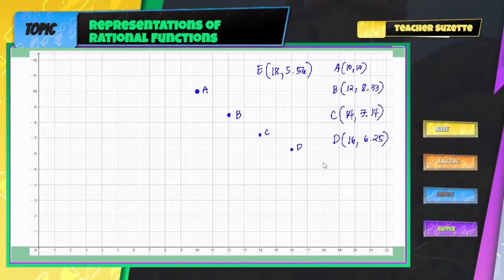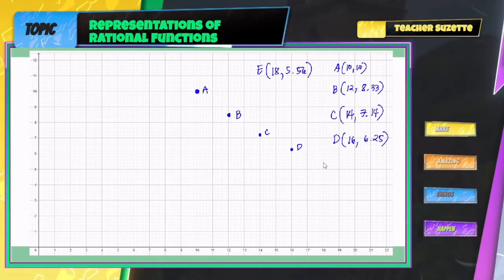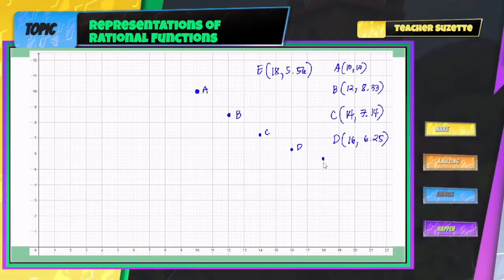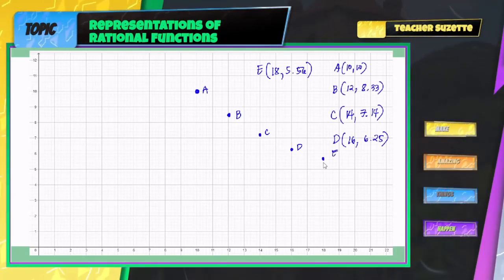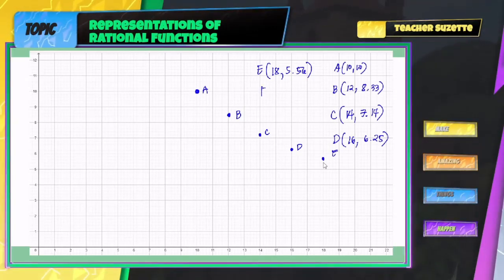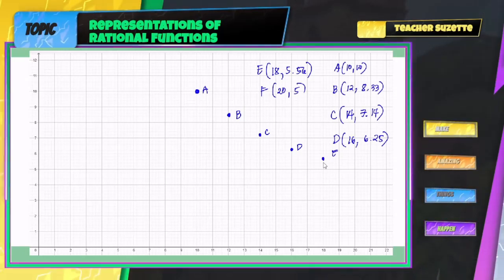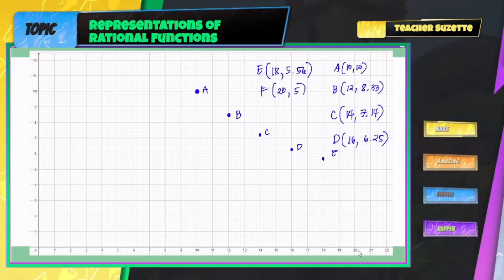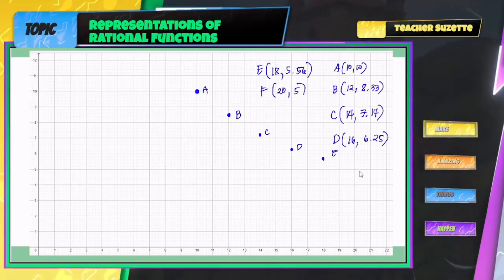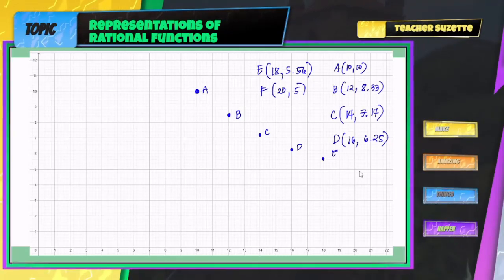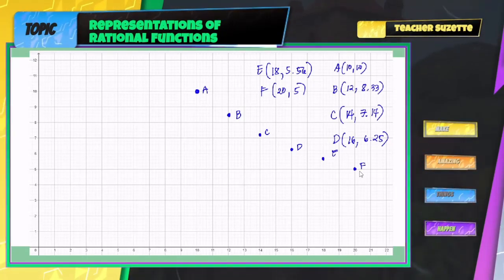So, that is here. This is our point E. Then, our last is 20, 5. So, we have here 20, then exactly at 5, we have our point F.